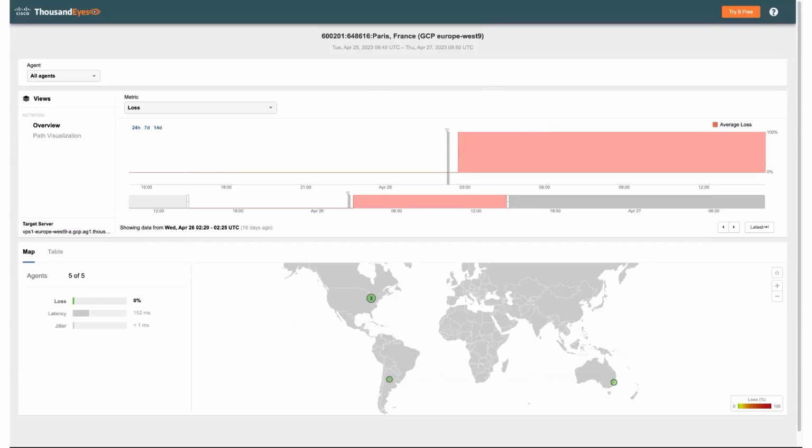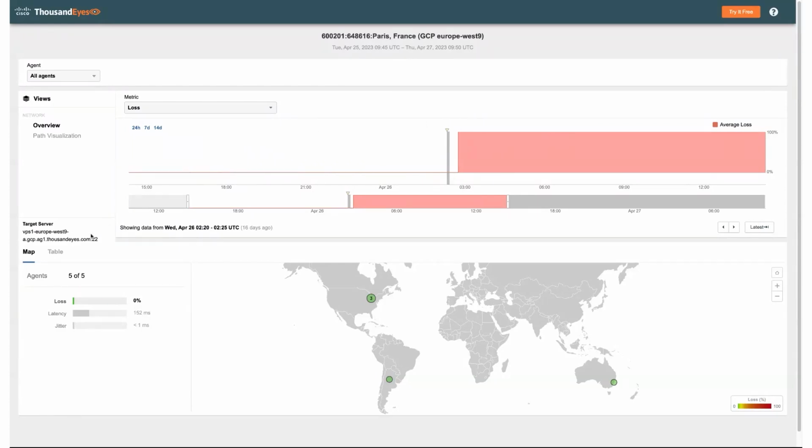So what really happened here is that we observed, from the ThousandEyes perspective, the lights off event. And for the audio-only listeners, what we are looking at is the timeline. The timeline indicates that everything was working fine until about 26th of April 2023, at around 2:45 UTC, when we started observing 100% packet loss.